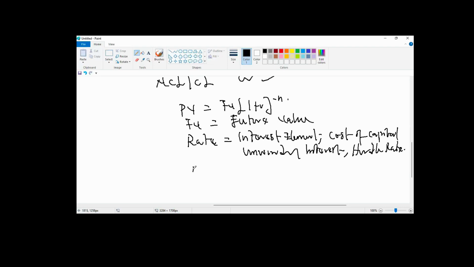Then N is the numbers of years. Numbers of years from the date of acquisition to date of payment.